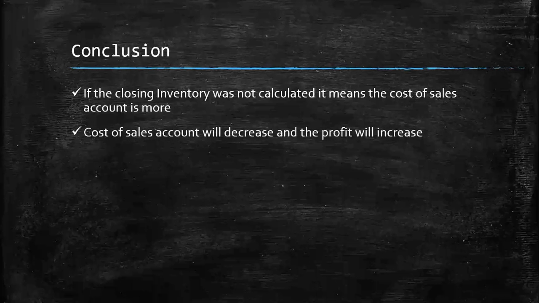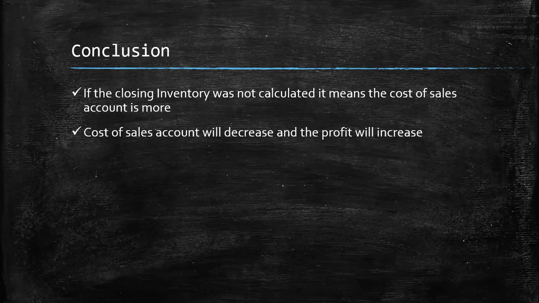Cost of sales account will decrease and the net profit will increase. We need to increase the profit by 10,100. Because the cost of sales account will decrease by 10,100 and the profit will increase by 10,100.